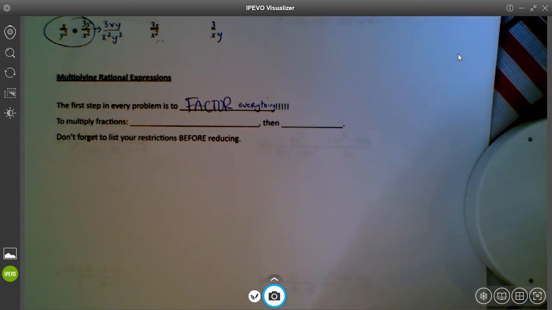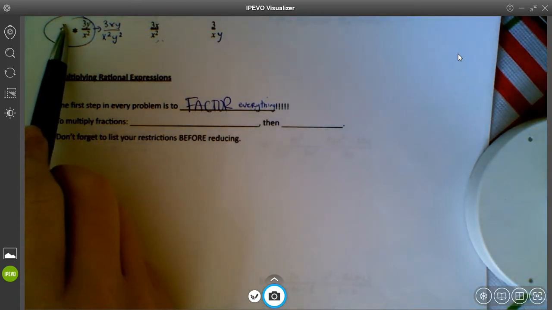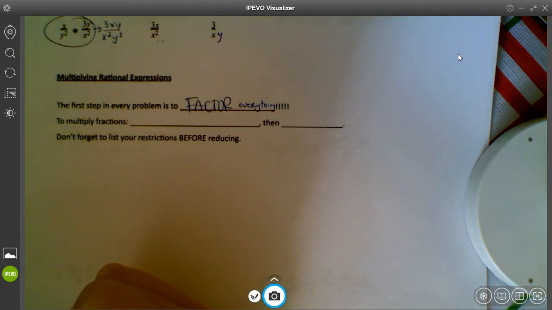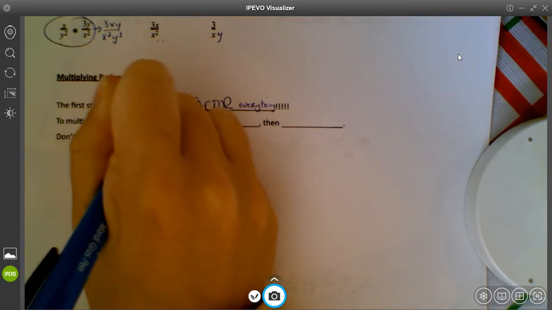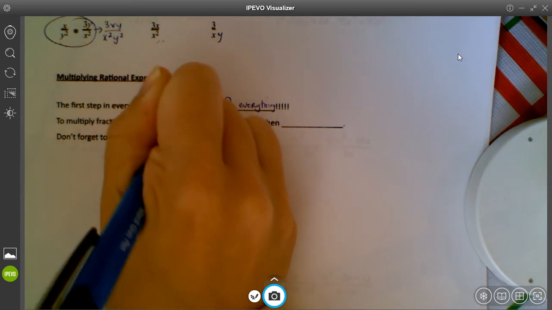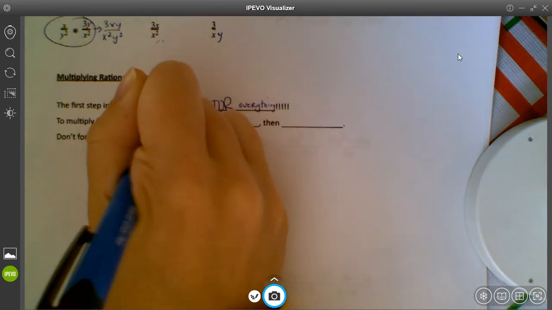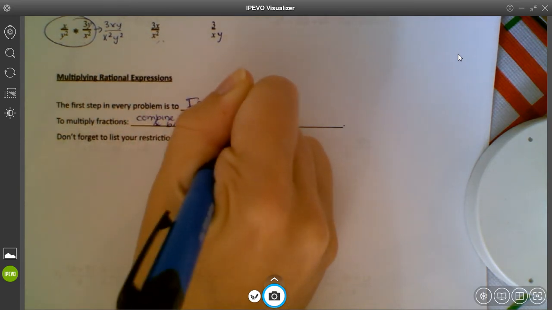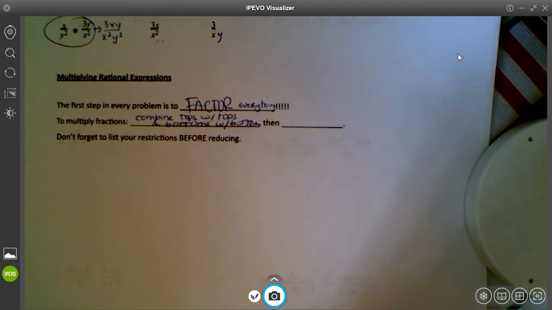And to multiply fractions, we are just rewriting the tops together and rewriting the bottoms together. So to multiply fractions, we know that we can just combine tops with tops and bottoms with bottoms. That is so not math termy, but you'll see how easy that is.